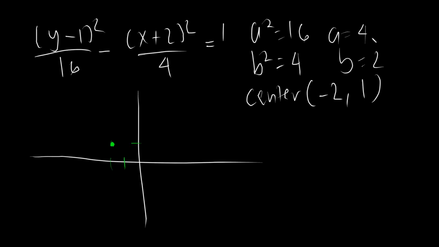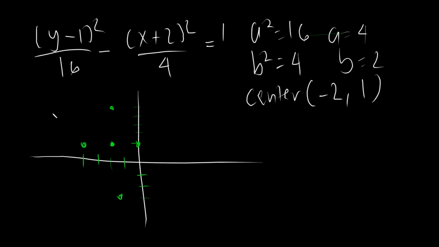And since a is under y, meaning move 4 units upward and downward. So, that is 1, 2, 3, 4. Then 1, 2, 3, 4. And since b is under x, move 2 units to the right and to the left, along the x-axis. So, that is 1, 2. Then, 1, 2.